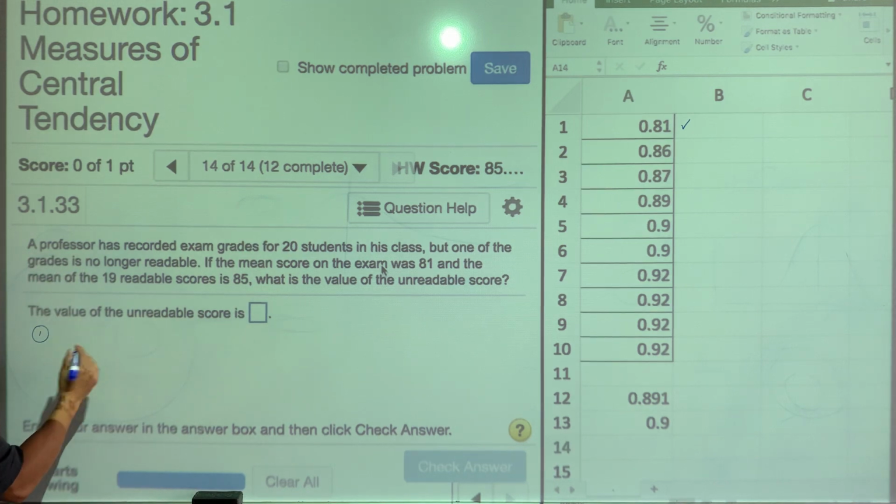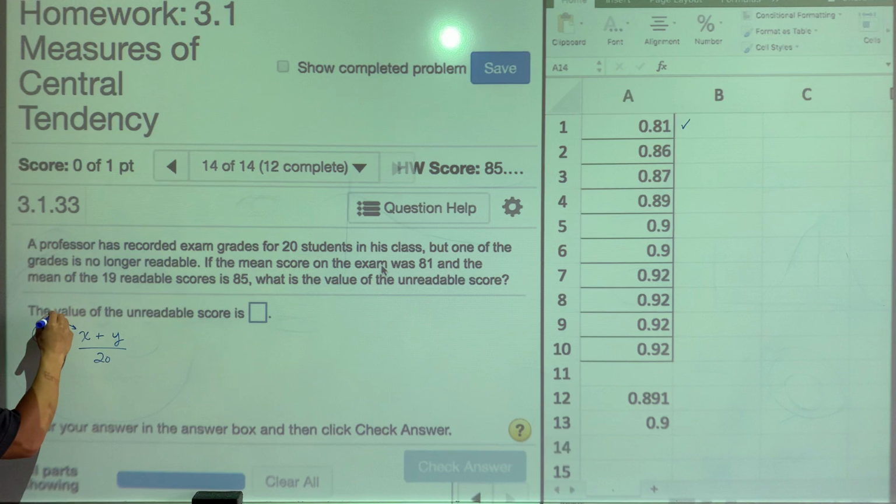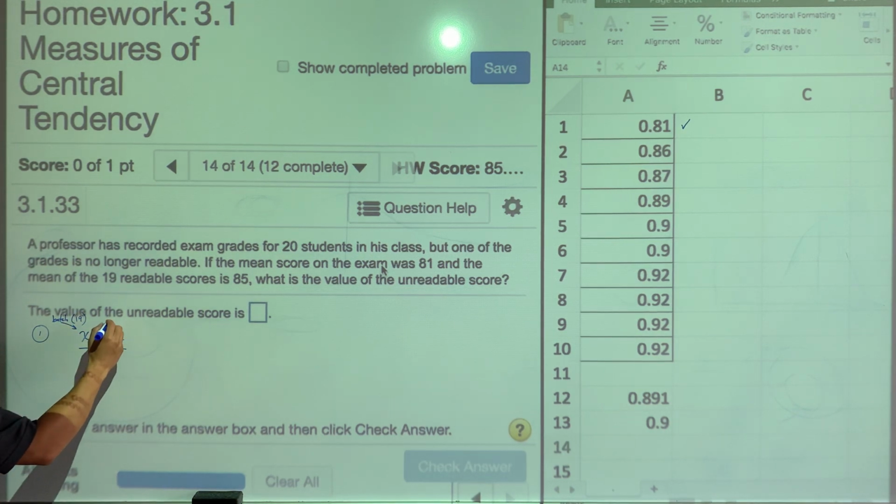So I've got one set of students plus another set, my missing one, that when averaged is 20 total students. This part is a big batch of students, 19 scores, the batch of 19 scores. This right here is the one that I don't know. You guys with me so far?